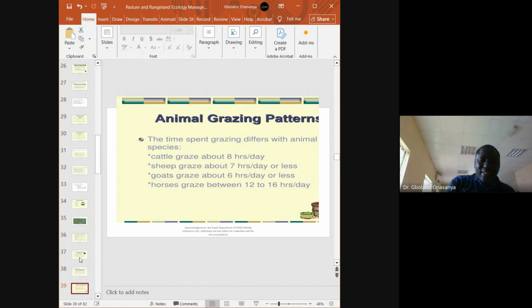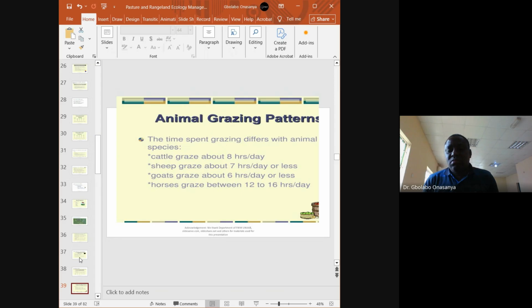So grazing habit informs grazing pattern. And grazing habit will inform your choice of grazing system. Like I said, grazing habit informs grazing pattern. Cattle graze for about 8 hours per day. Sheep graze for about 7 hours per day or less.